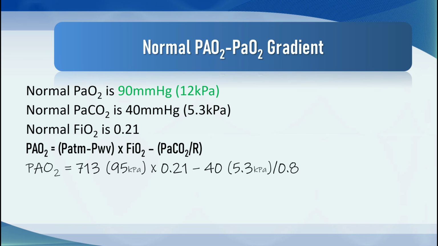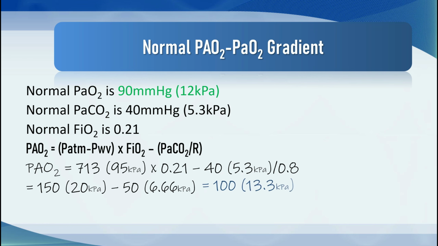713, which is the atmospheric pressure minus the water vapor pressure in millimeters of mercury, or 95 kilopascals, multiplied by 0.21, minus 40 millimeters of mercury or 5.3 kilopascals divided by 0.8, the standard respiratory quotient. The result is 150, 20 kilopascals, minus 50, 6.6 kilopascals, and that gives us an alveolar oxygen tension of 100 millimeters of mercury or 13.3 kilopascals.